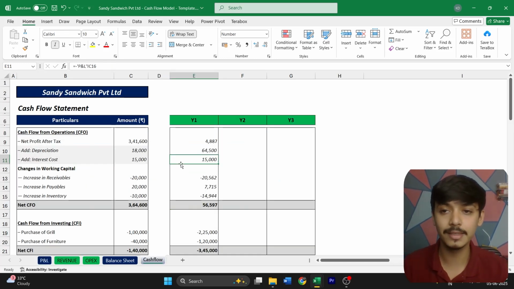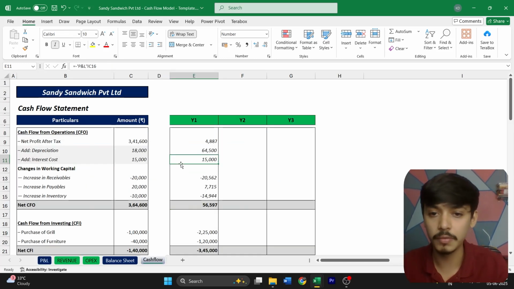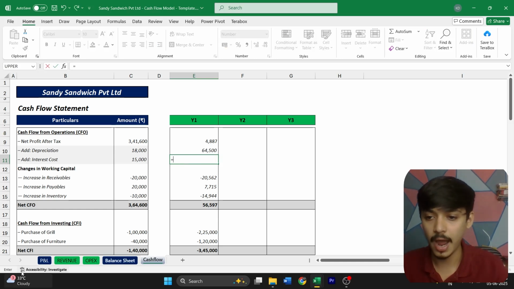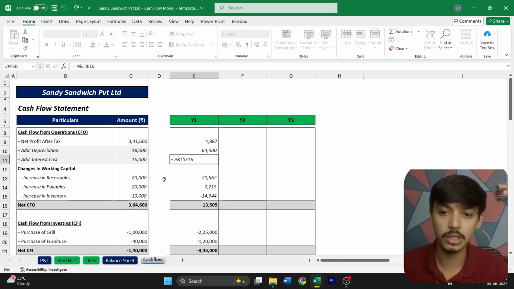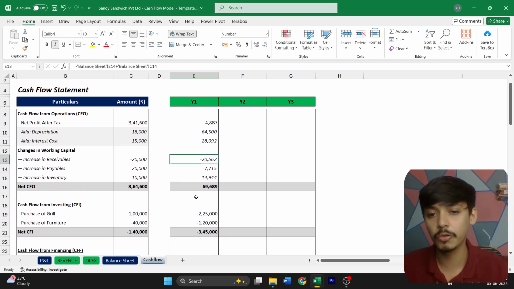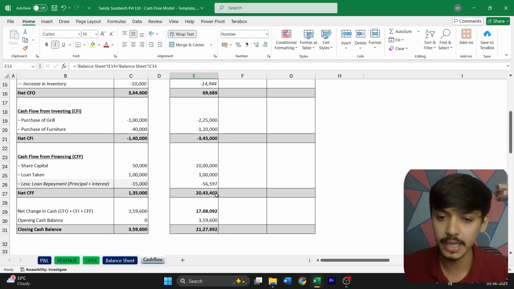We need to make this the interest for the current year, so we will change this reference and plug in the interest for the current year. We have to change the negative sign, and that way CFO has now changed to 69,689, and we have our closing cash at 21 lakh 27,692.